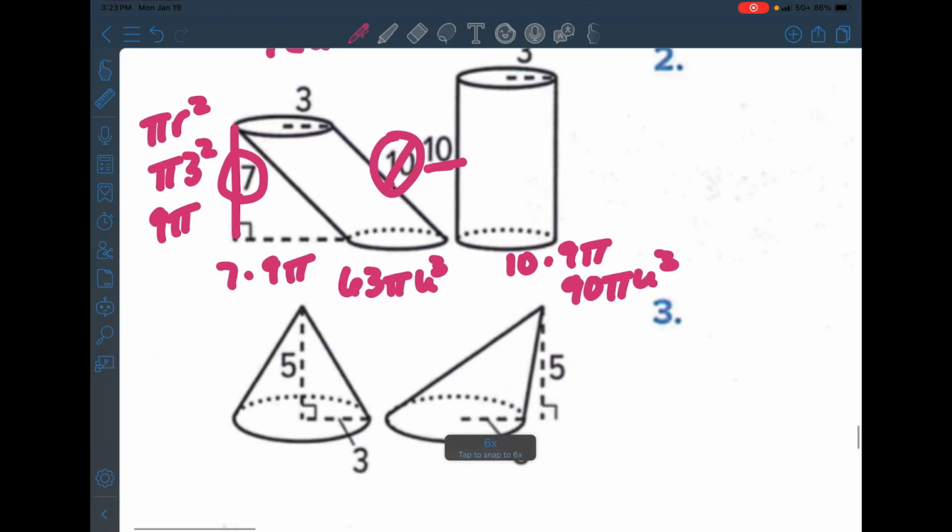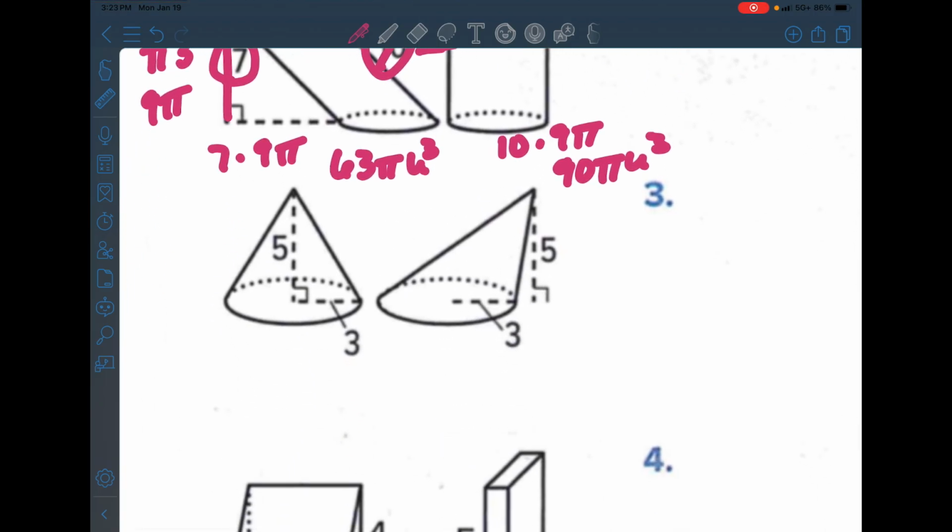So let's look at number 3 without even calculating. Look at it. Would these be the same? Okay, so we have the same base here. The radius is the same, 3, so that's going to be 9 pi. Now, this is a cone. We haven't learned how to find the volume of a cone yet, but is the height the same?